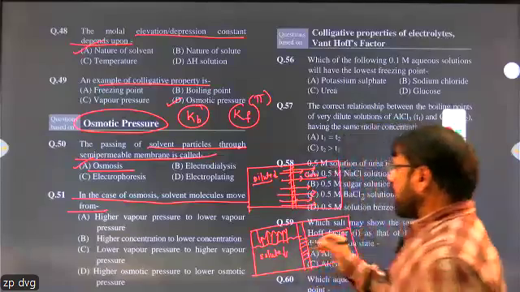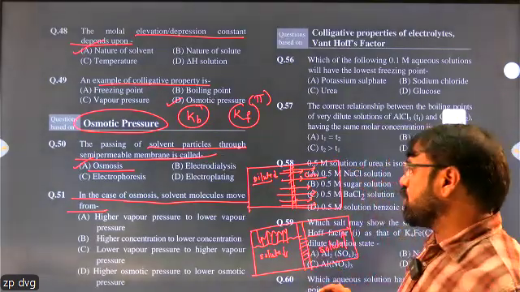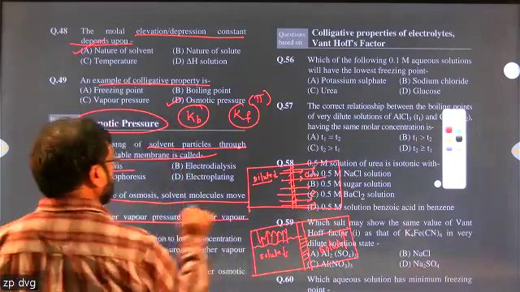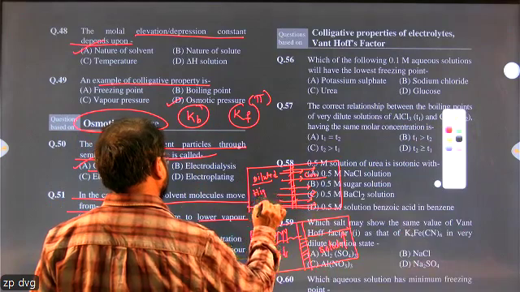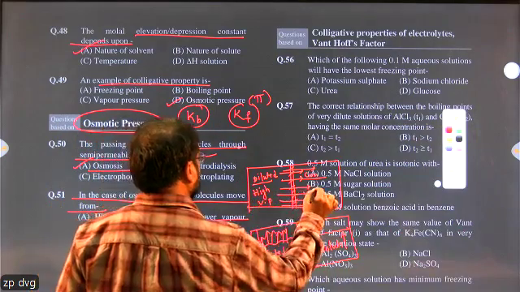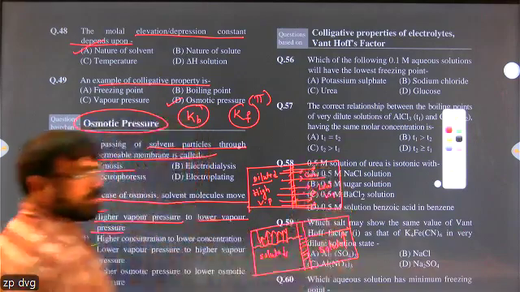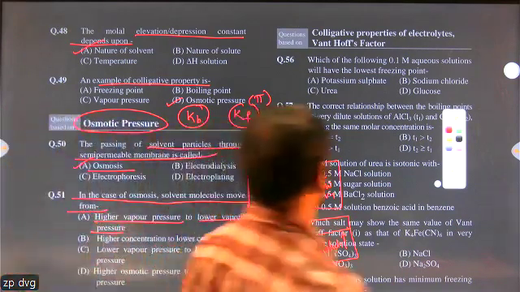So osmosis occurs from higher vapor pressure to lower vapor pressure: the diluted solution has high vapor pressure and the concentrated solution has low vapor pressure. So for question 51, option A is the correct one.